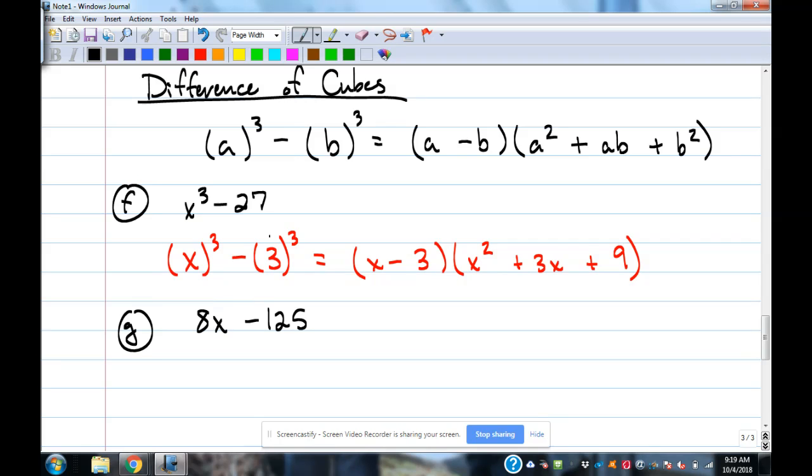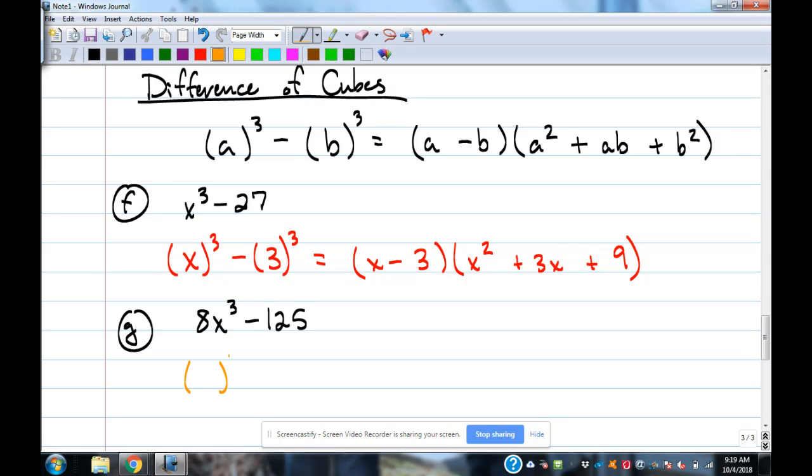8x to the third minus 125. They're GCF. There's more stuff that we kind of think there might be, but there's not. 8 and 125 don't have anything in common.